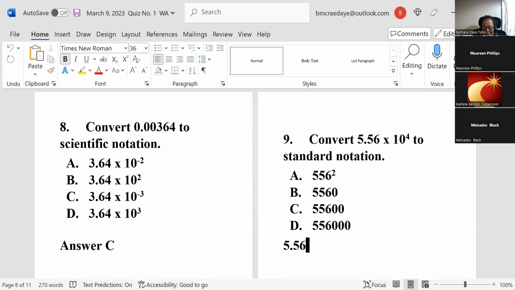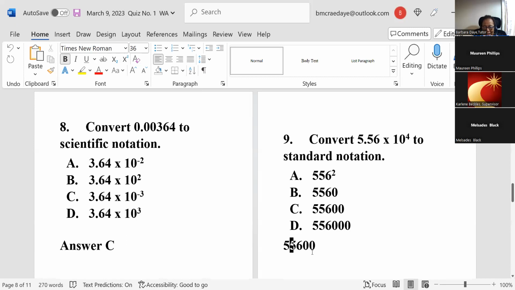So we're going to move 1, 2, 3, 4 places to the right. So how many zeros do I have here? 2. Okay, two zeros. Then we take out the decimal, because we moved it over. 556, 55600.